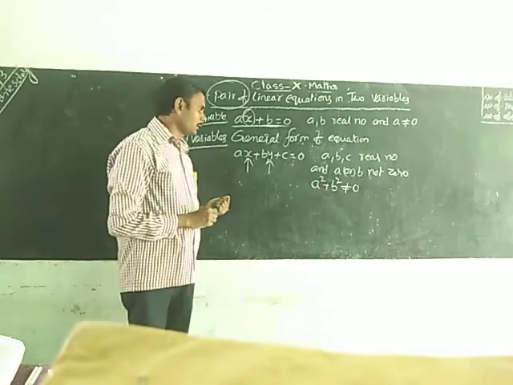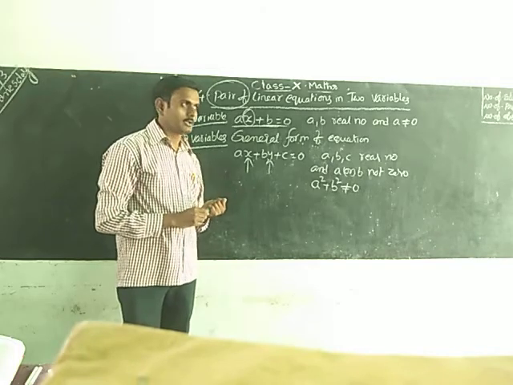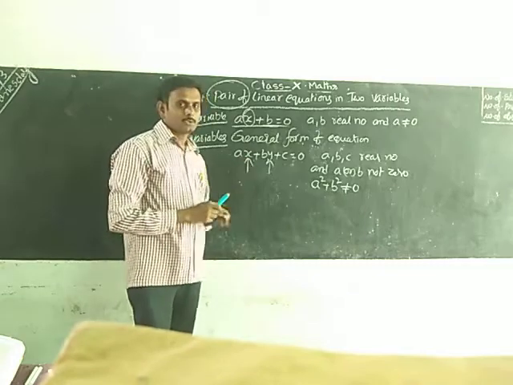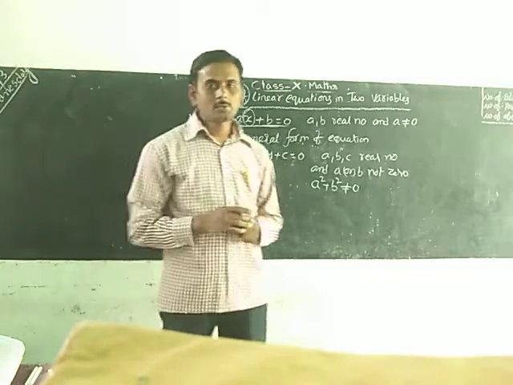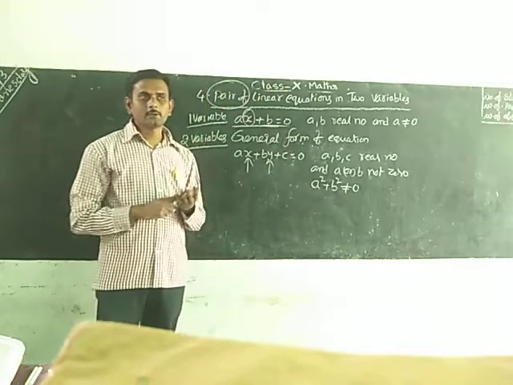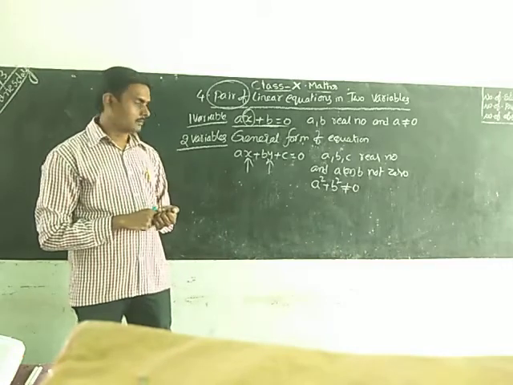Whenever we replace the x value and y value, then only we can find the LHS and RHS values. So whenever we want to find the solution of a linear equation in two variables, we should find the x value and the y value.